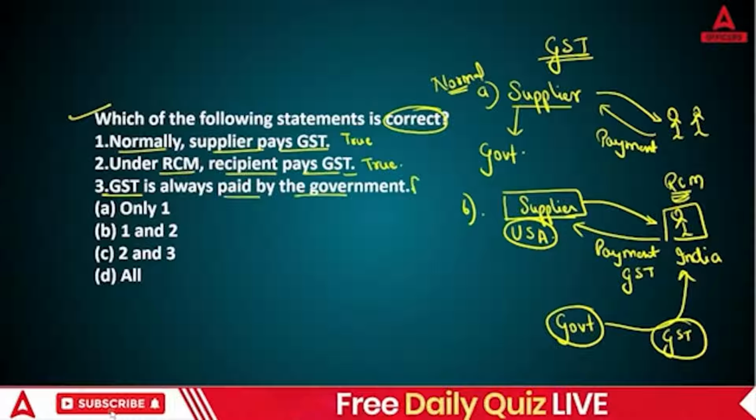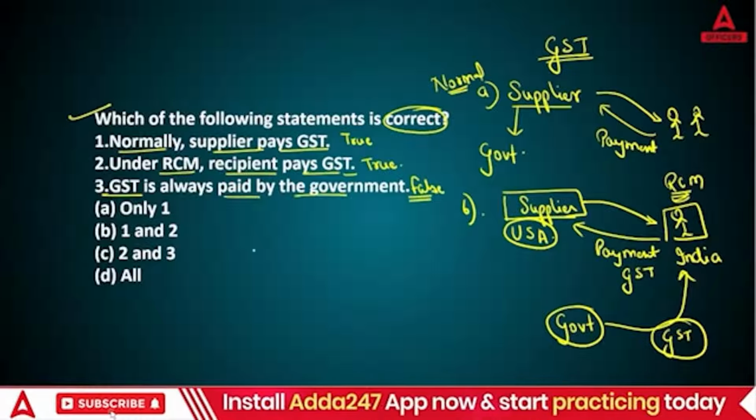No, this is false. The third point is TDS under GST. Let's say here is your government department. If the government department enters into any transaction, let's say here is the vendor, the supplier, this time the government is going to be the buyer.